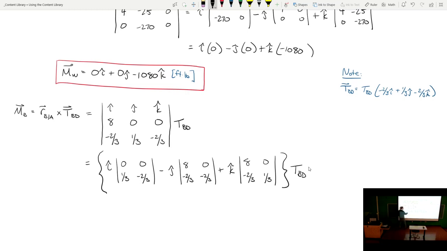So what happens when we chug that out? We get 0 here. Here we get 8 times that, which is 16/3, negative 16/3, times that, which is 0. And here we get 8/3 and 0. So we're going to get zero, minus j times negative 16/3, plus k times 8/3. But don't forget the T_BD.